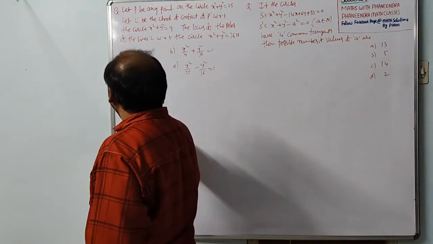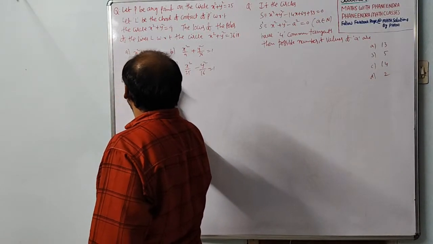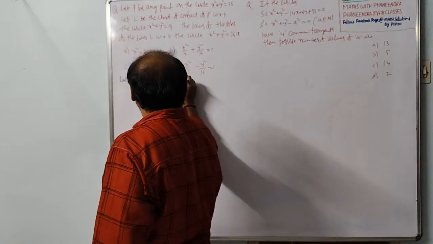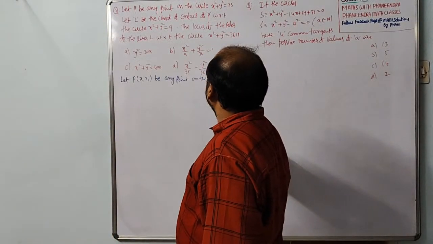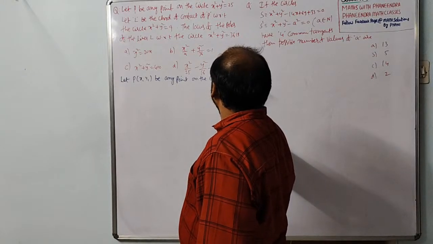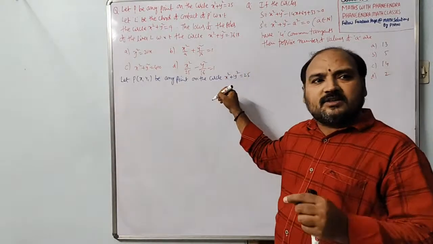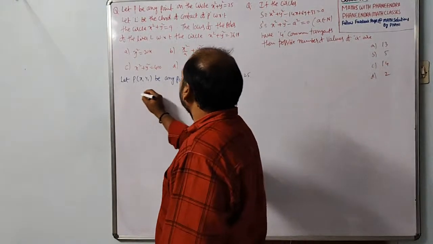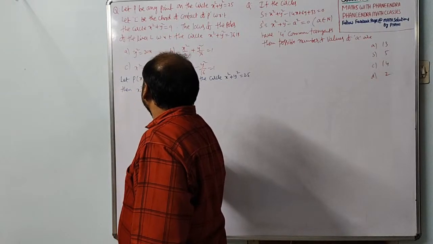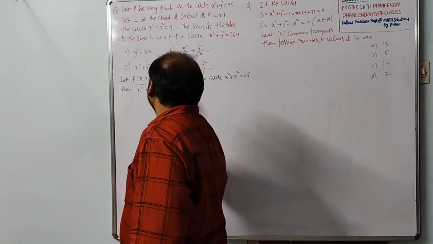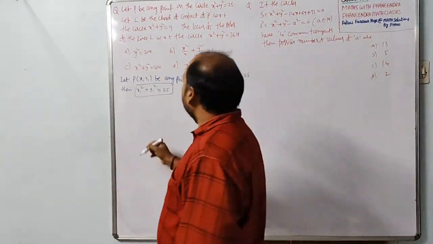Let us consider, let P of x1, y1 be any point on the circle x square plus y square equal to 25. So in place of x comma y, substitute x1, y1 now. Then x1 square plus y1 square equal to 25. Keep it as a value result. We can use it in the coming steps.